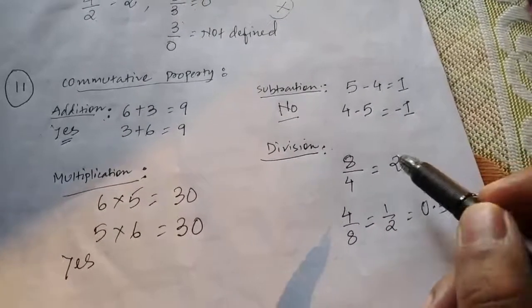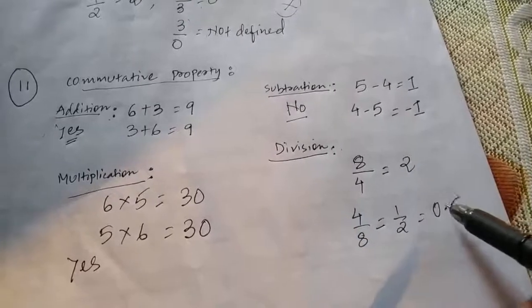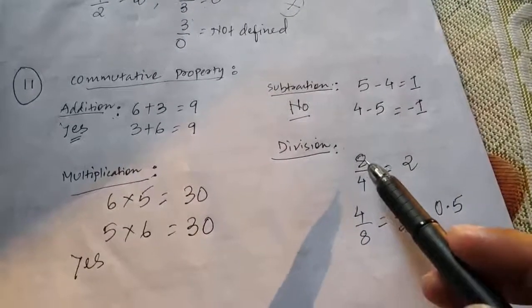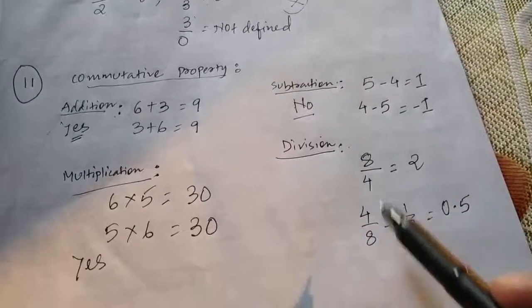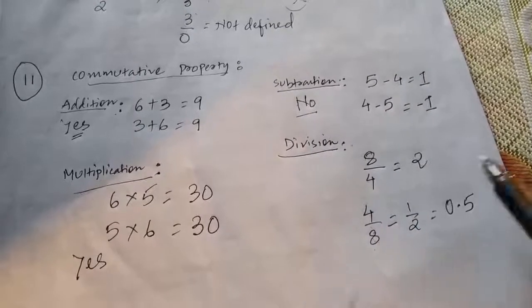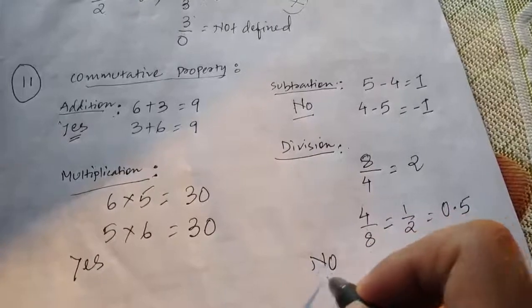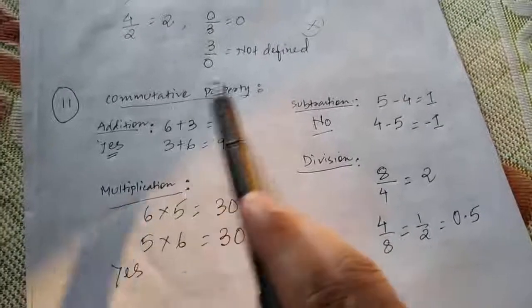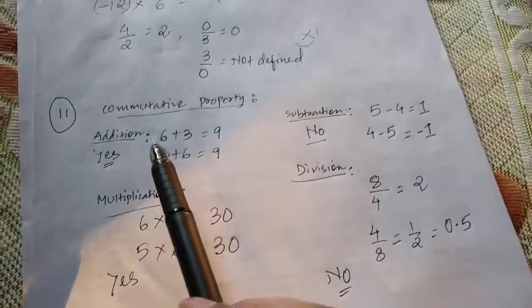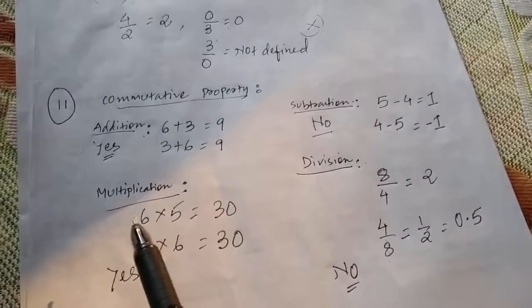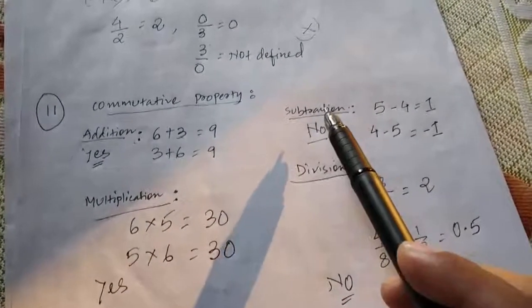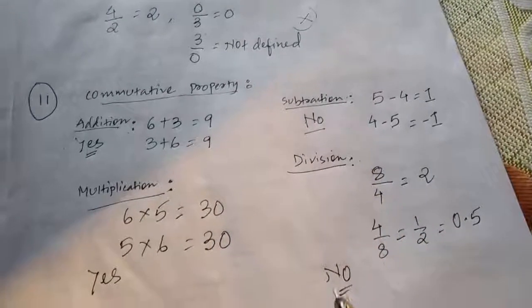So you can see here that our answers are not the same. When we interchange the numerator and denominator, the answers are not the same. So for division our commutative property is not true. So our commutative property holds true only for addition and multiplication, and doesn't hold true for subtraction and division.